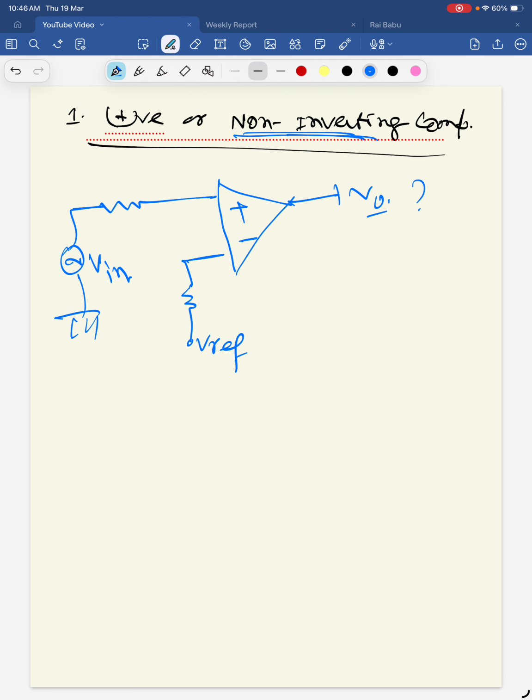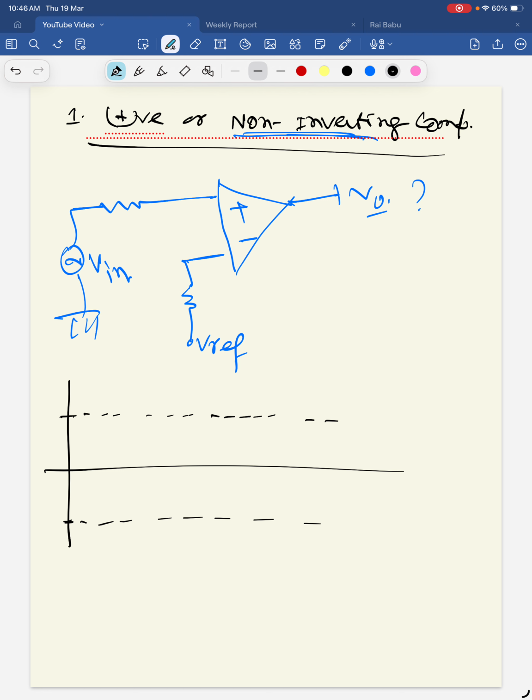So let us draw. I am drawing the waveforms here, input as well as output. Suppose plus Vm and minus Vm, like this. We will draw the input here, like this.